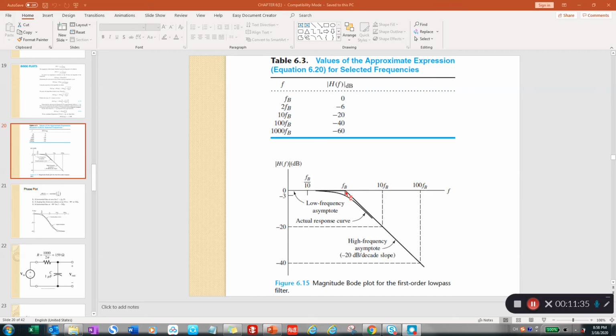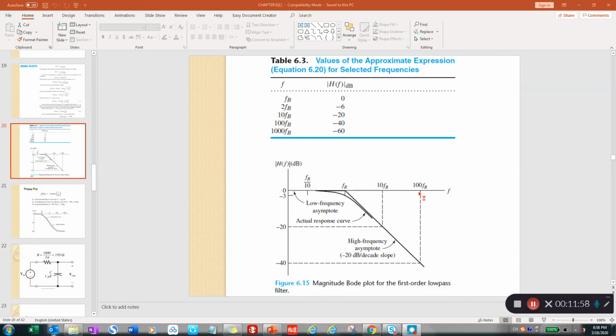If you have the point at the break frequency equal to 0, and the point at 10 FB with the amplitude equal to -20, in fact, 2 points can define a line. You can draw this line.